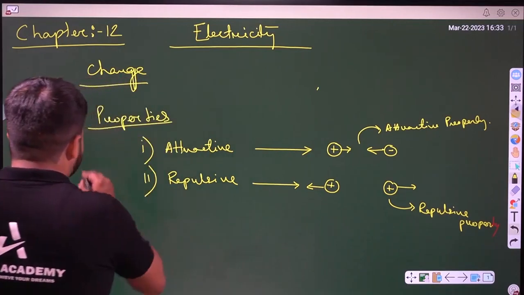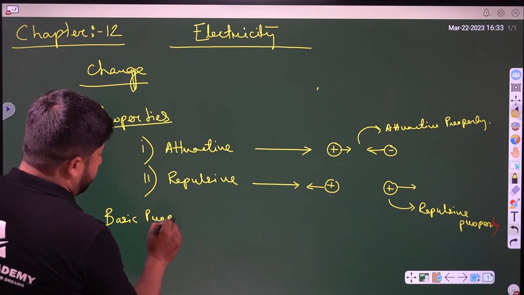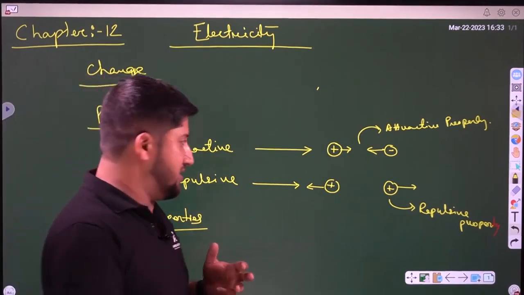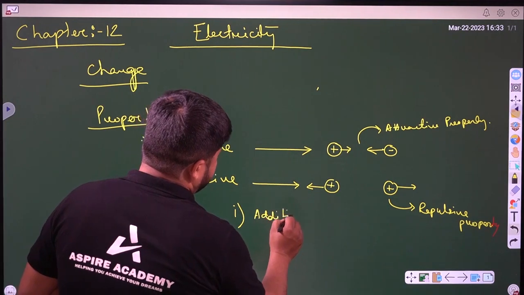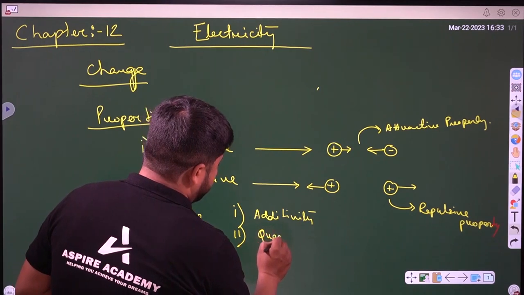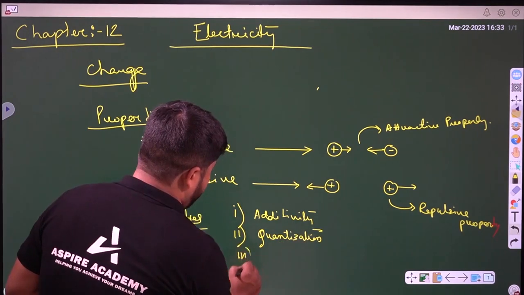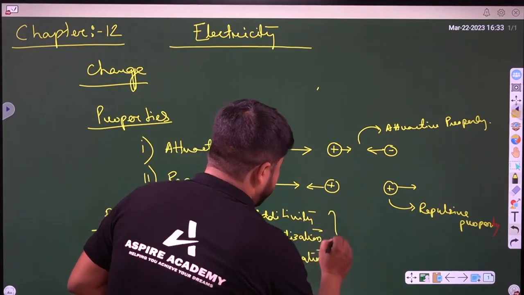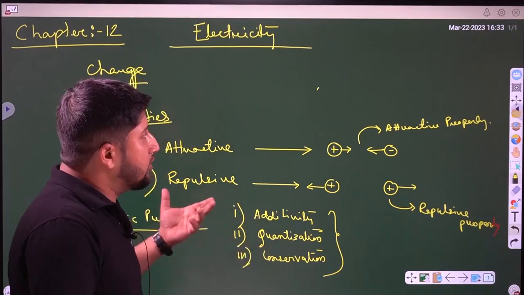Now there are basic properties, which are very important. There are three basic properties. Number one is additivity, number two is quantization, and number three is conservation.